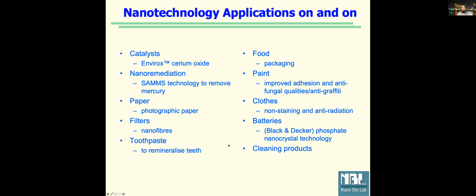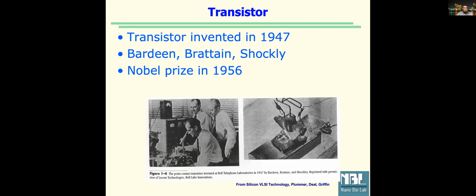All right, so the applications keep on going for nano applications, but let's get back to the idea we were talking about. Why do we learn solid state fabrication? The most fundamental of devices is a transistor, right? Transistors were invented in '47 by a group of people who came together.